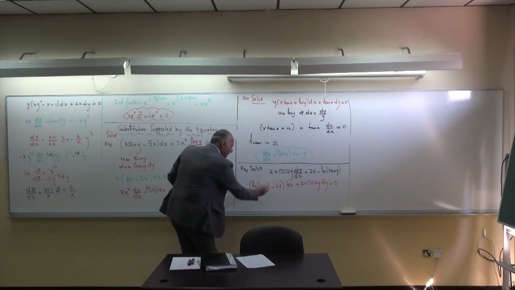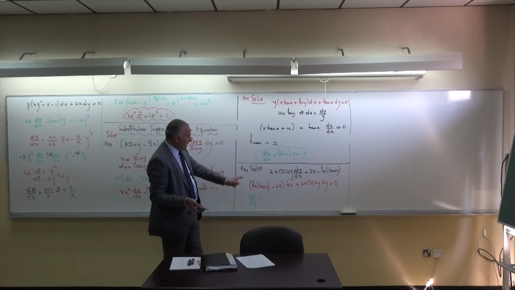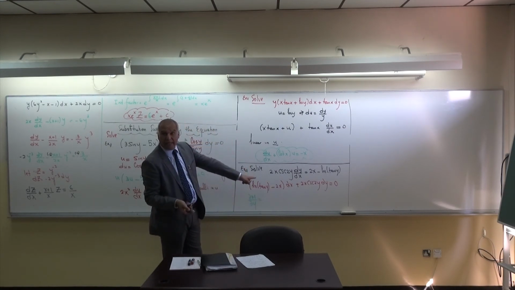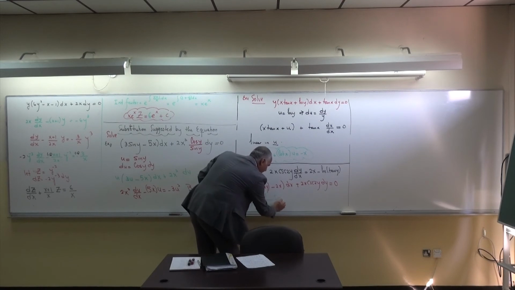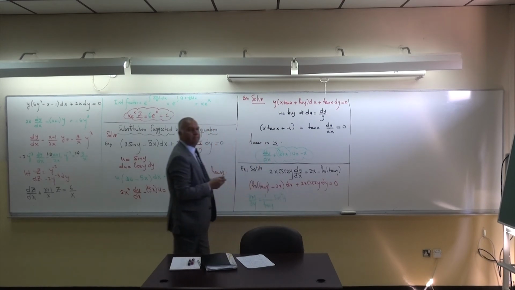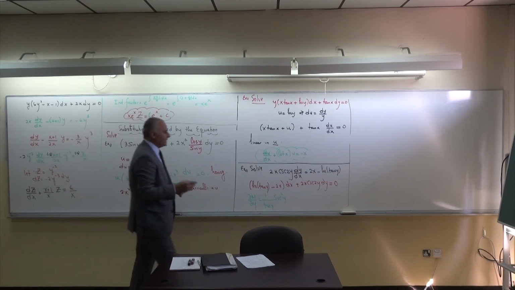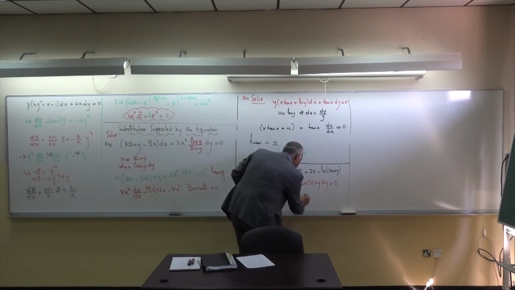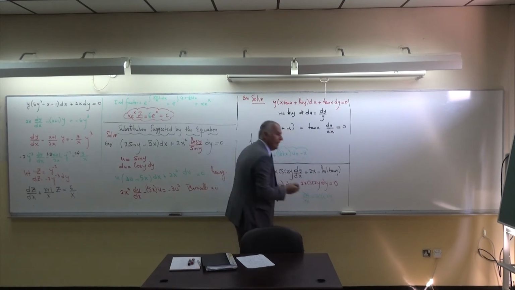Now, this is your M. You notice that dM/dy: the derivative of ln tan y is one over tan y times the derivative of tan, which is secant squared y. When you get dN/dx, you notice the derivative of 2x cosecant 2y is 2 cosecant 2y.